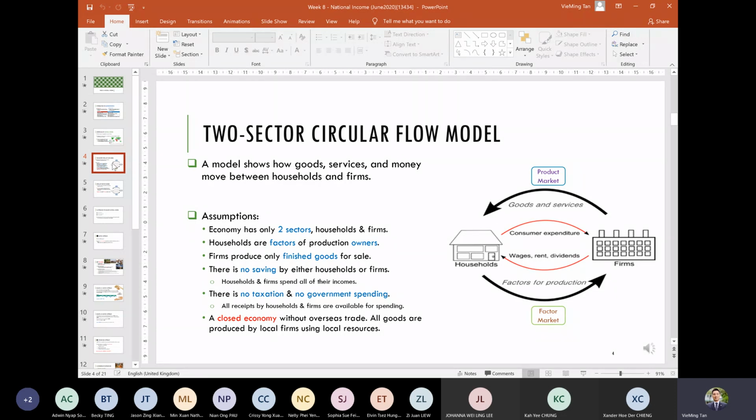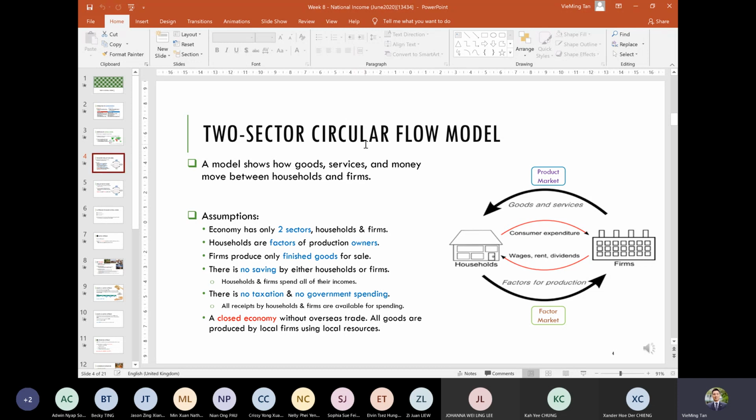This model is to justify why total income of a country is equal to total spending of a country, and is also equal to total final product value of a country. These three are the same. So I like to use this model to show you why. What is the reason behind that?